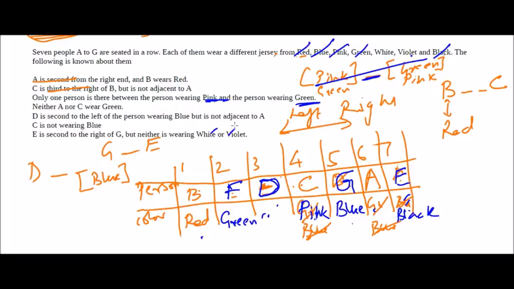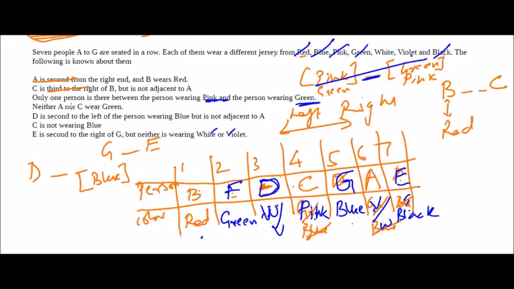You can have D wearing white or violet. A can wear violet or white. So we don't know the colors that D and A wear, but we know one of them is wearing white, the other is wearing violet.